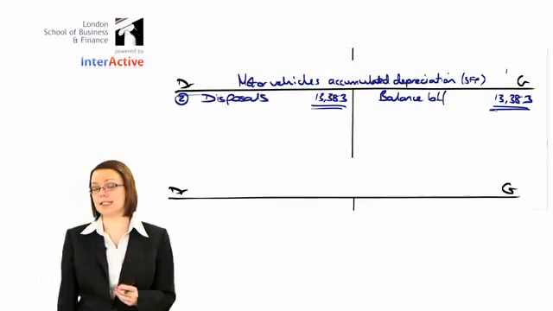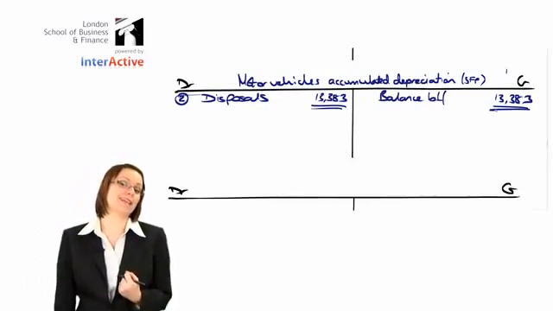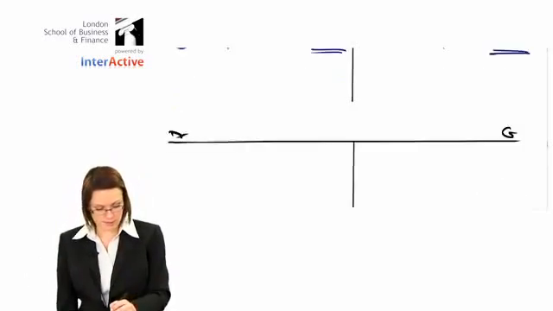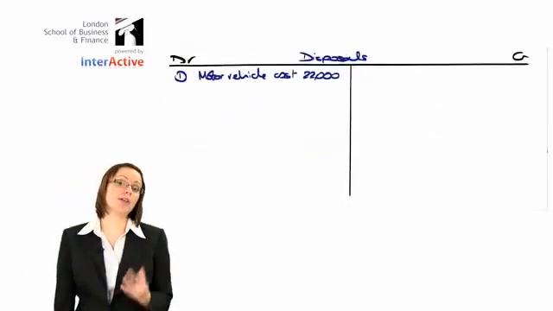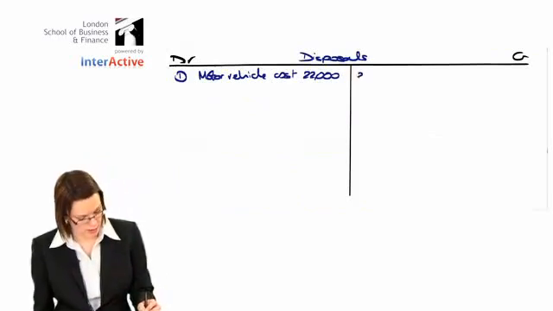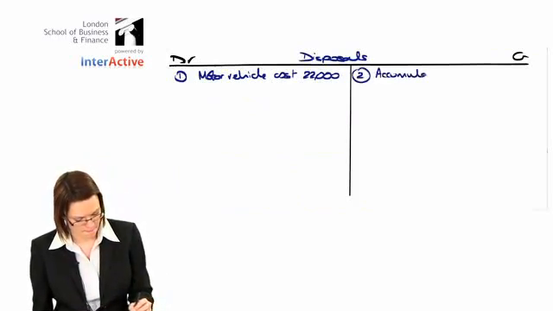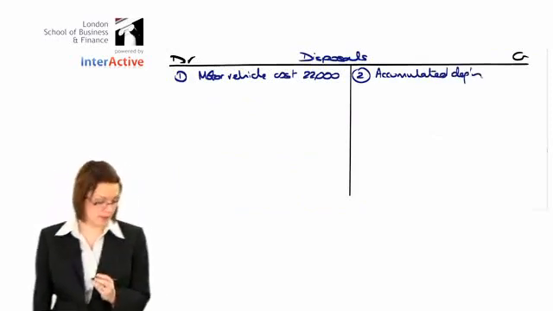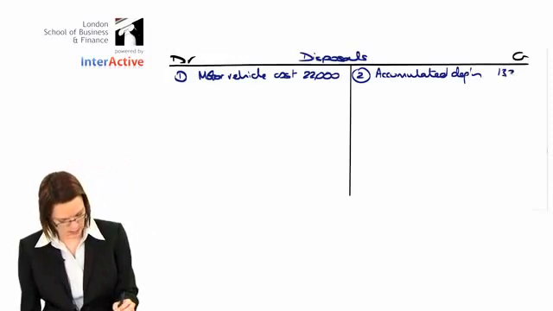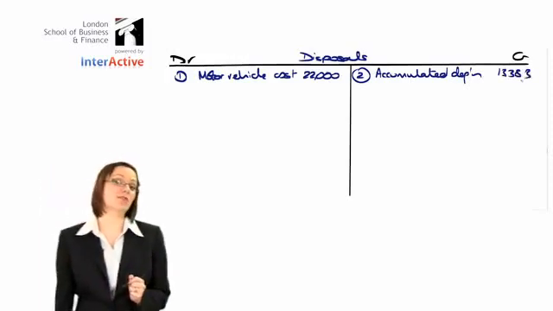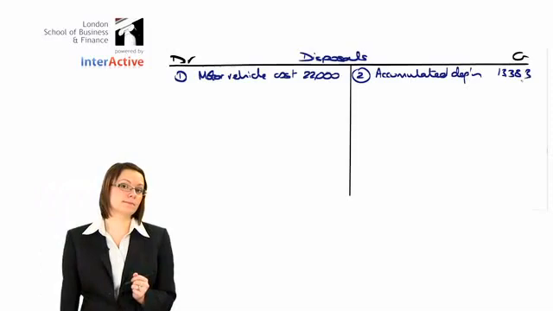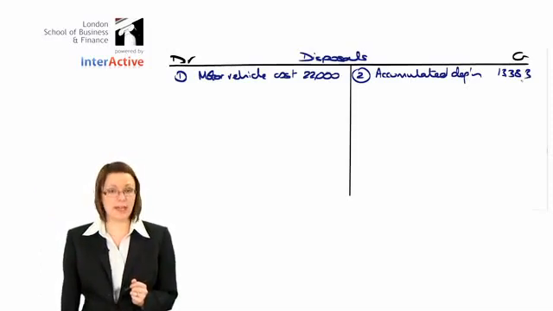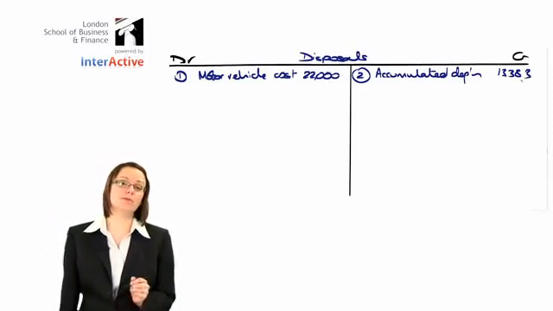Notice that account balance is now, there is no accumulated depreciation left. The credit entry will go to disposals. So, accumulated depreciation on that motor vehicle, 13,383. Okay, so that's steps 1 and 2 done.